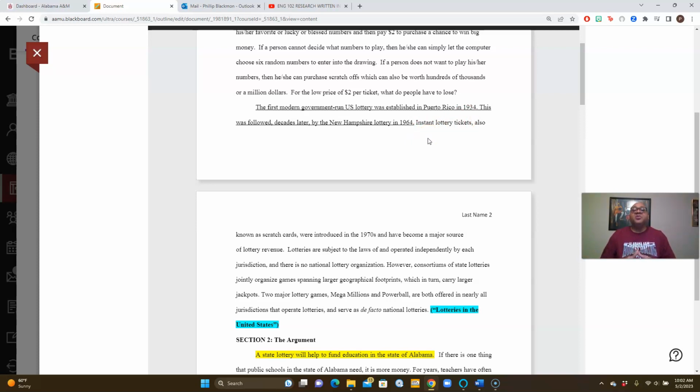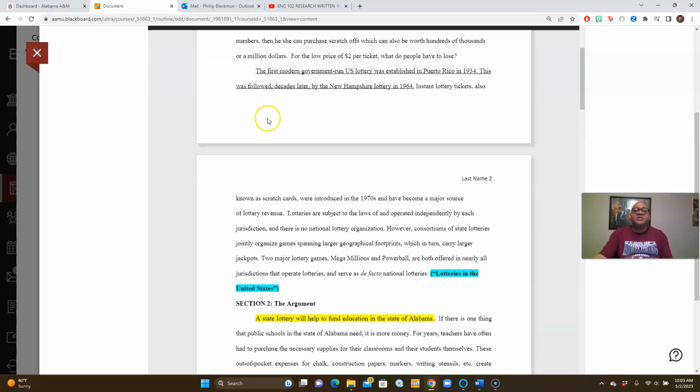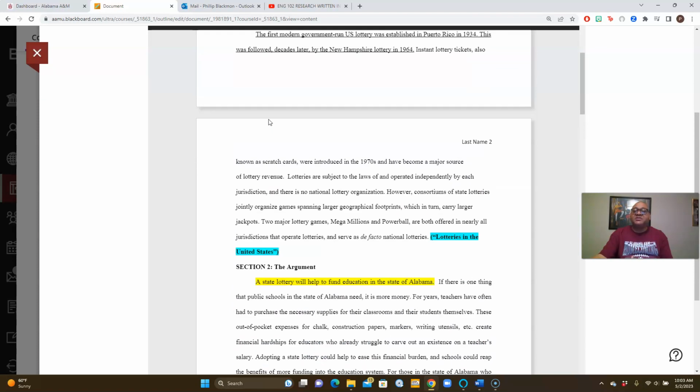And one of the things I want to point out to you, which is the exception to the rule. MLA says that if you borrow information, all of the information in the paragraph, and this is the only instance where you'll do this. When you're doing history, you are free to take all of the history from one source, right? You document a paragraph in this instance. So all of the historical information came from one source, right?